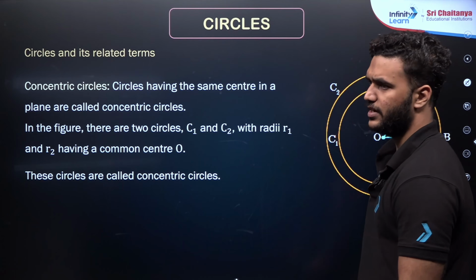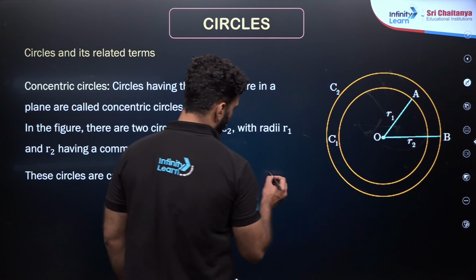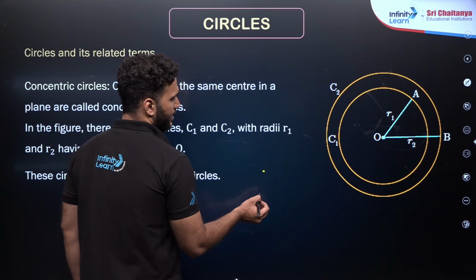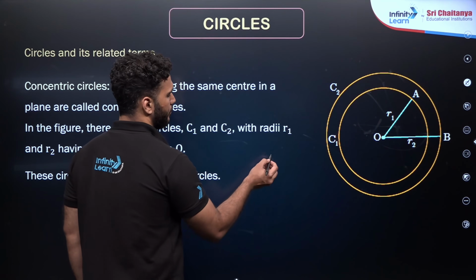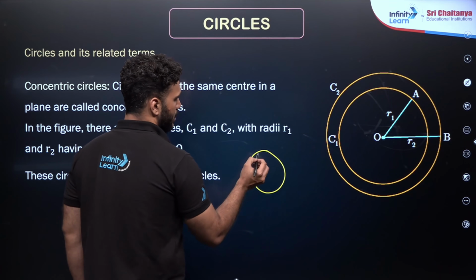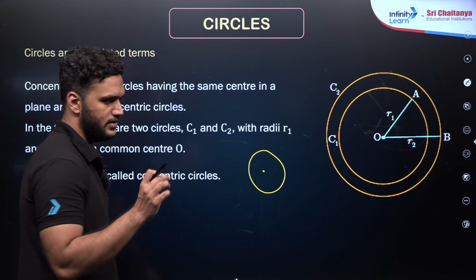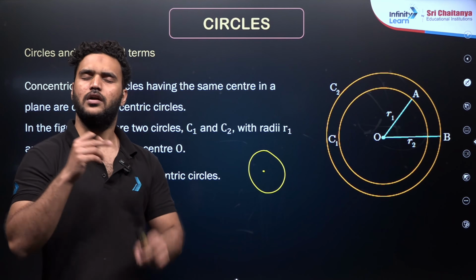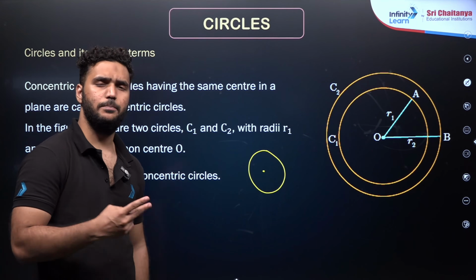Concentric circles. You have one center. Let's say you made a circle with a radius of 5. It would look like this. Then you increase the radius; you have seen your compass.